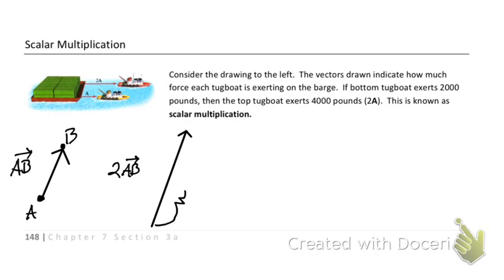In other words, if I did half of it, that would be my AB, and the other half of it would be another vector AB. We could do half vectors, which would just be half the length. So we could do half of AB. Half AB is just going to be a shorter line, half the length, as best as you can make it half.